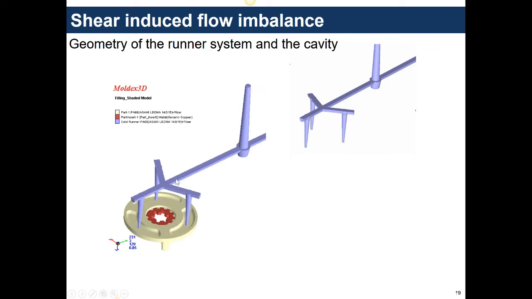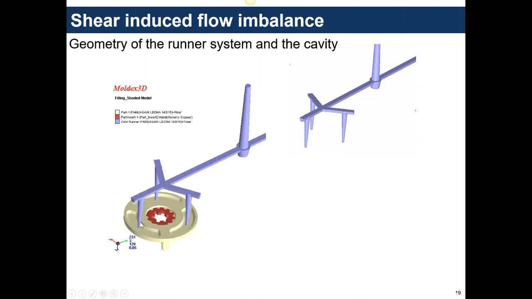So now that you have the ability to simulate it, you can take your geometry. Now this was a case where they're trying to make this round part and they're feeding it with 3 gates. Now you would expect, if you just looked at it, maybe this leg would fill faster than this leg. Because all the dimensions are identical, I hope that everything fills uniformly.